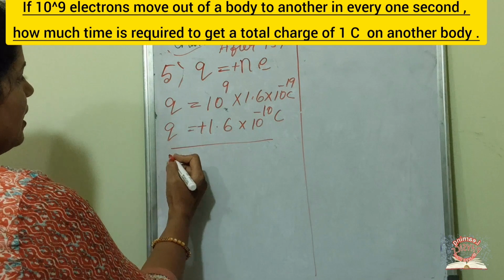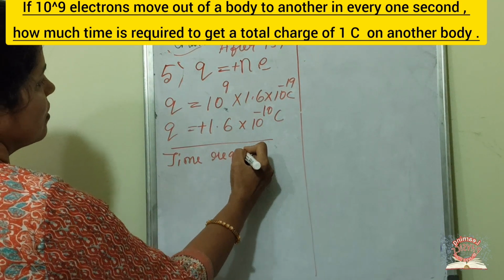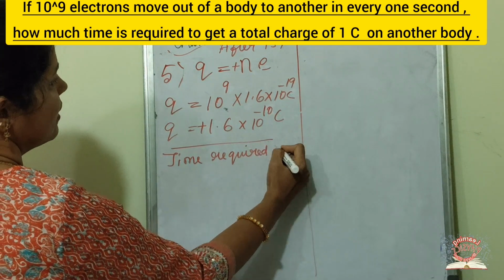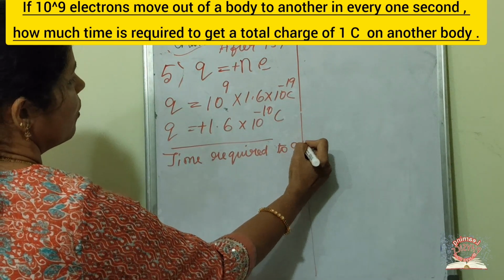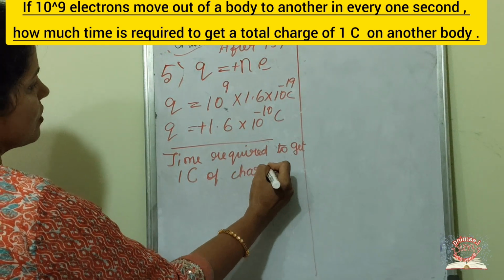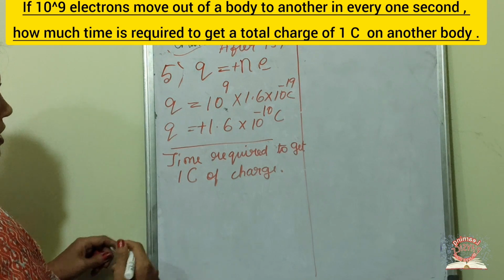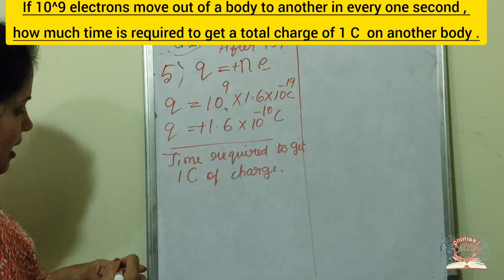So we need to find out the time required to get 1 coulomb of charge. Is this clear? Time required to get 1 coulomb of charge. See, here I'll write like this.